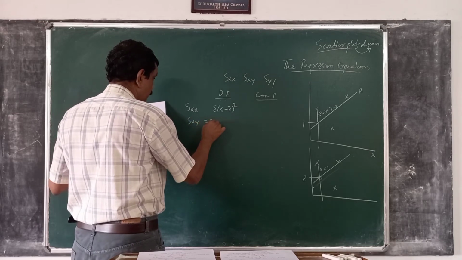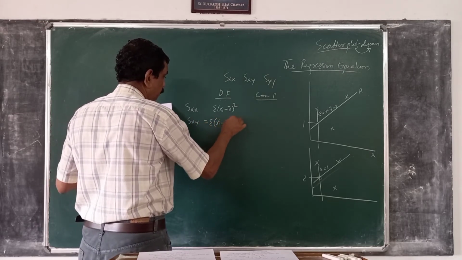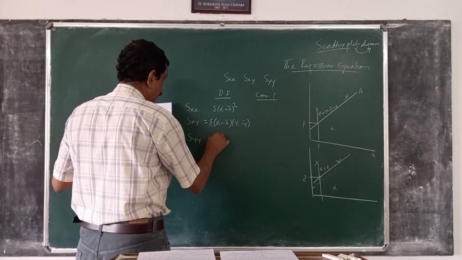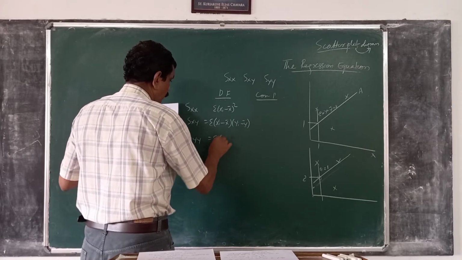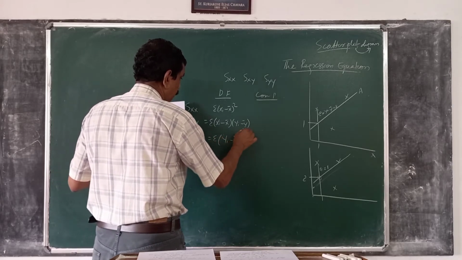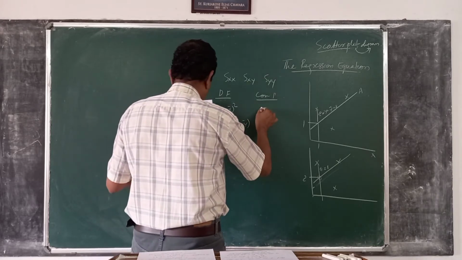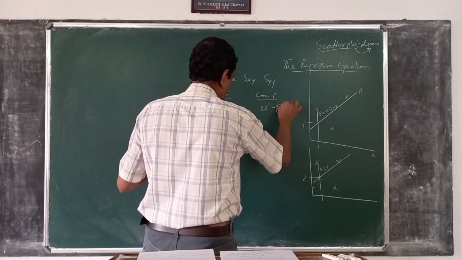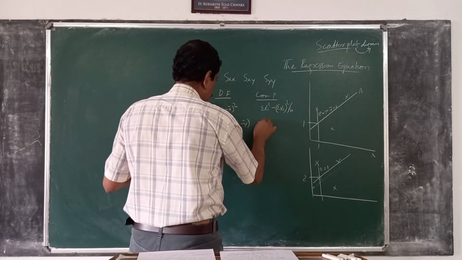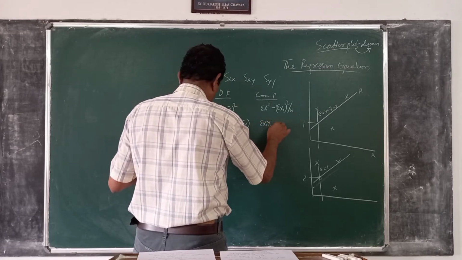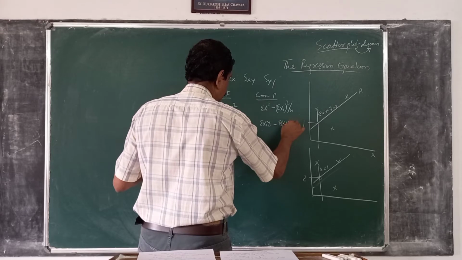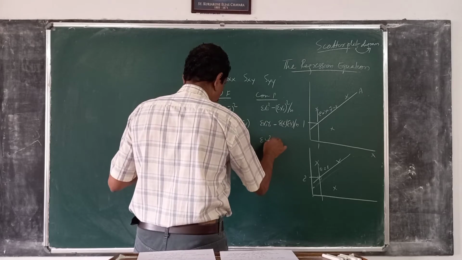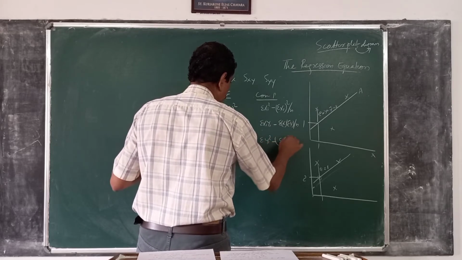Sxy is equal to sigma (xi minus x bar) into (yi minus y bar). Syy is equal to sigma (yi minus y bar) square. And the computing formulas: sigma xi square minus (sigma xi) the whole square by n; sigma xi yi minus sigma xi into sigma yi by n; then sigma yi square minus (sigma yi) the whole square by n.